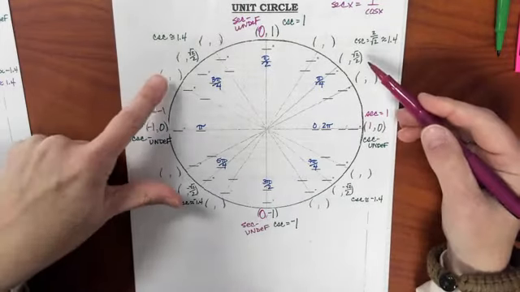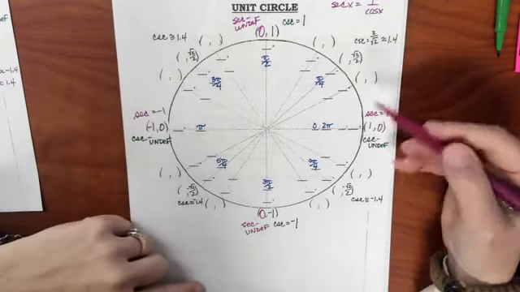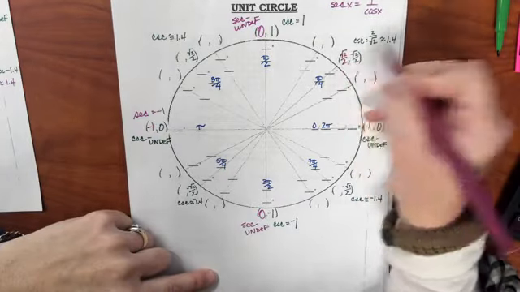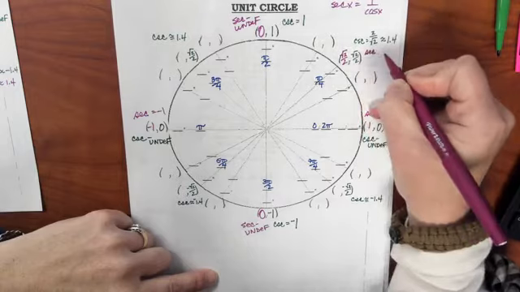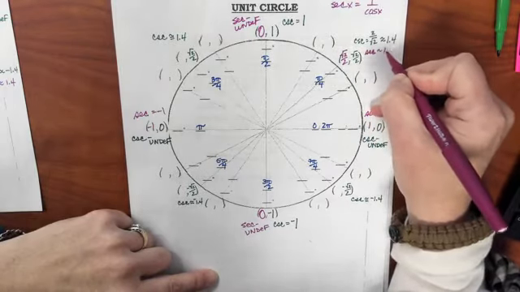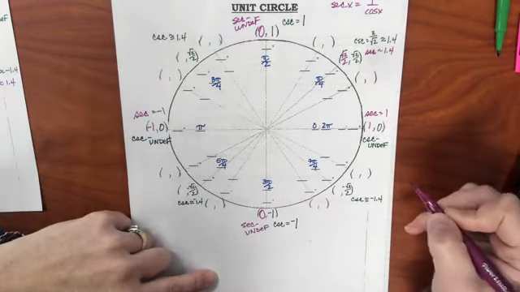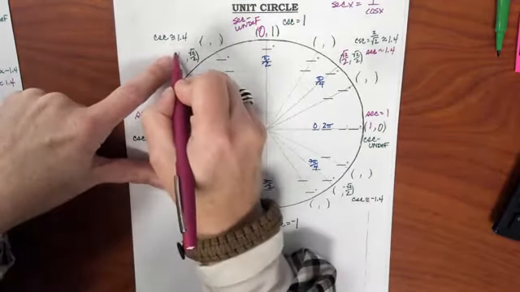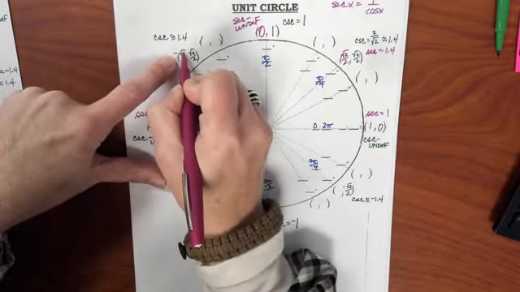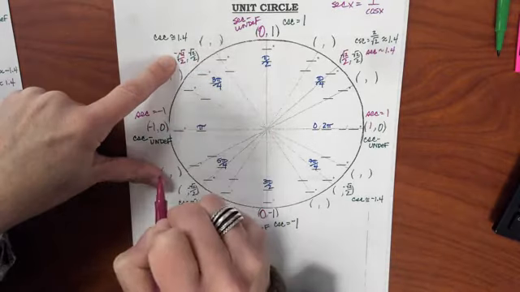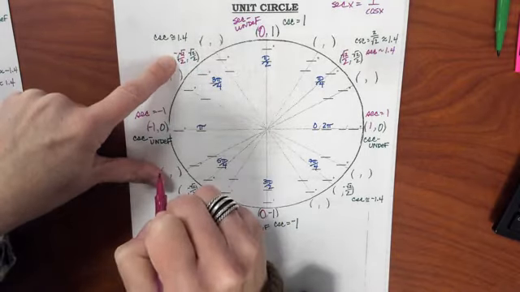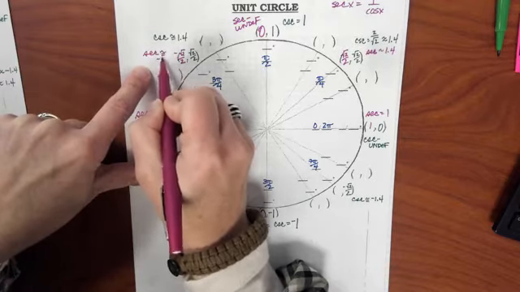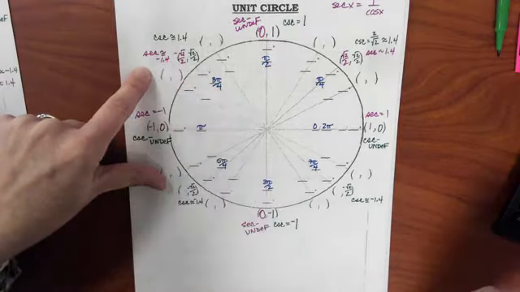And when I do the pi over 4 values, they're the same thing. So this is still the square root of 2 over 2, and here my secant value is about 1.4. Over here at 3 pi over 4, I have a negative square root of 2 over 2. So my secant, 1 over cosine, is a negative 1.4.